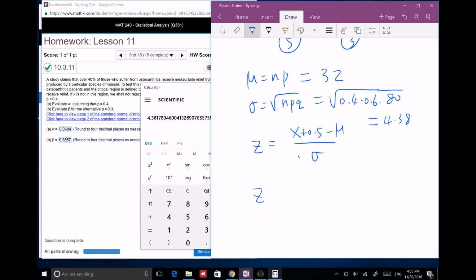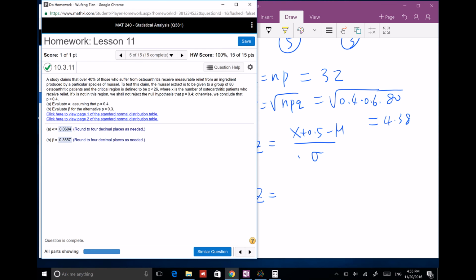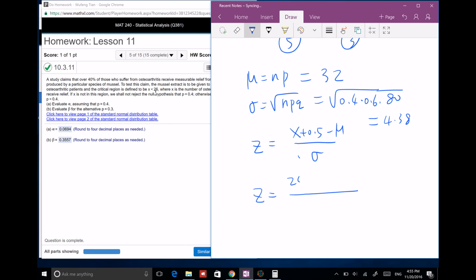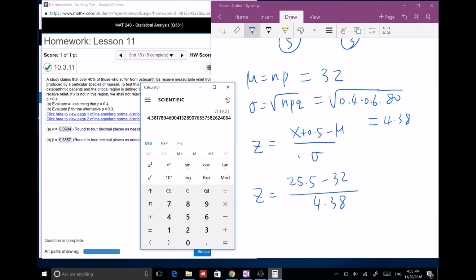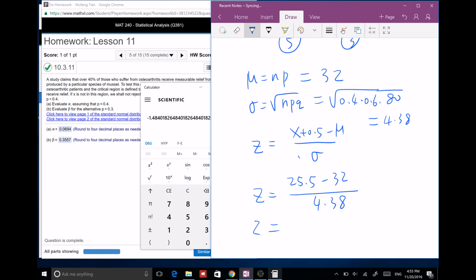Since it says less than 26, so it's 25. So you're going to do 25.5 minus 32 over 4.38. Let me see what that is. So it's 25.5 minus 32, divided by 4.38, so z equals negative 1.48.